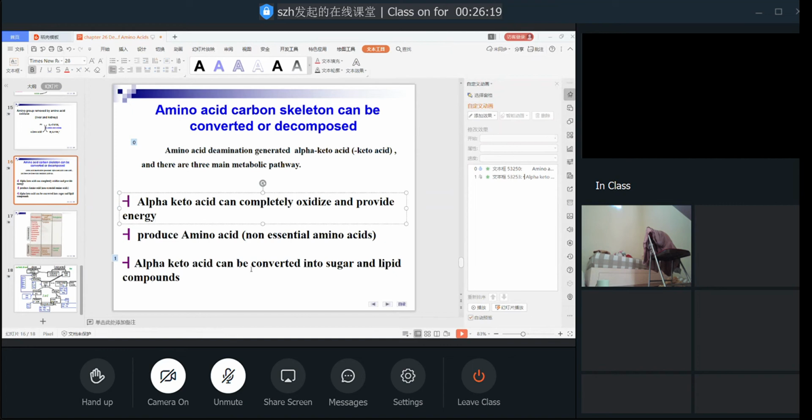And last, it can be converted to produce sugar and lipid compounds, especially ketone bodies.